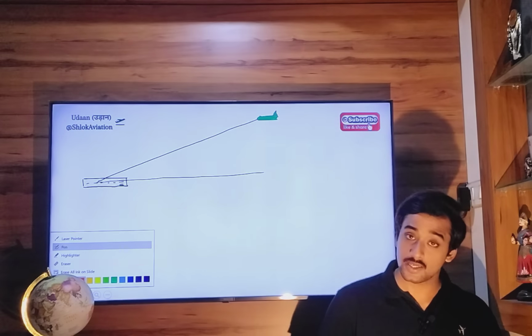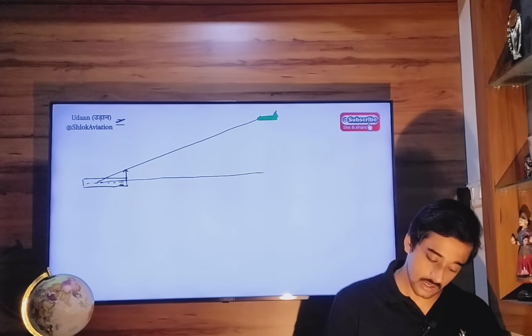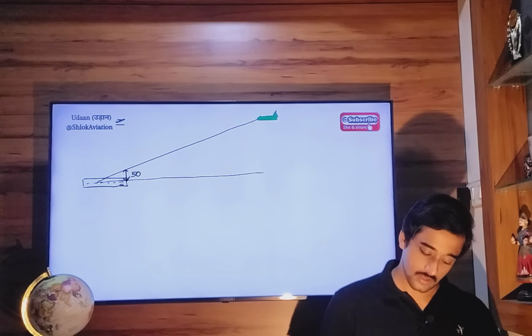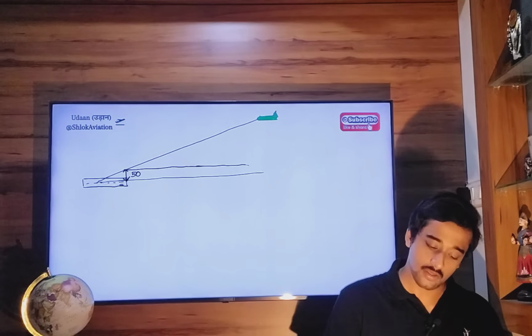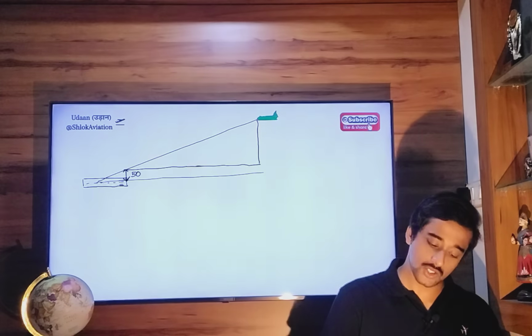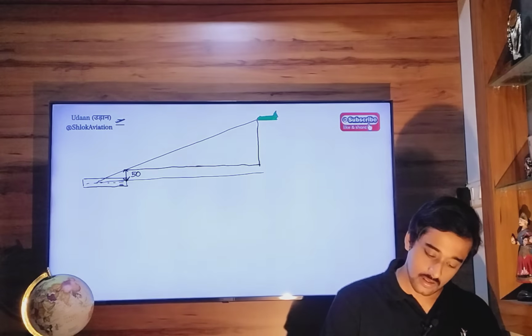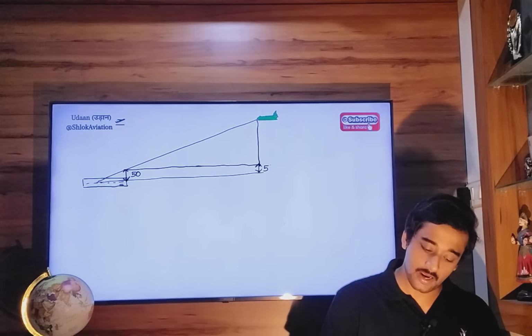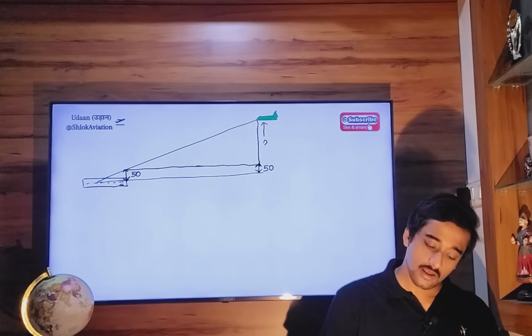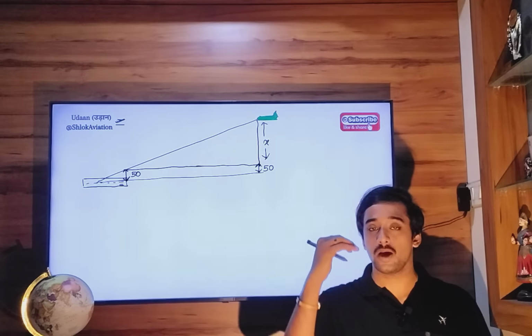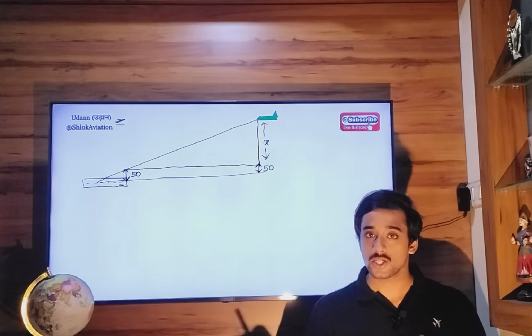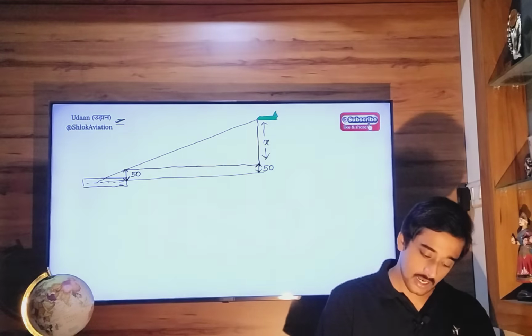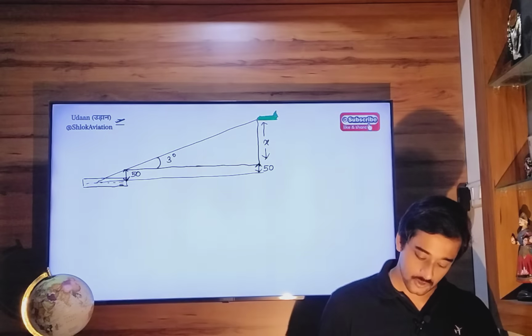This glide path is 50 feet above the threshold. So this is a triangle. Now we have to find out this x value, the height of the aircraft above the 50 feet over the threshold of the runway. The angle is 3 degrees.